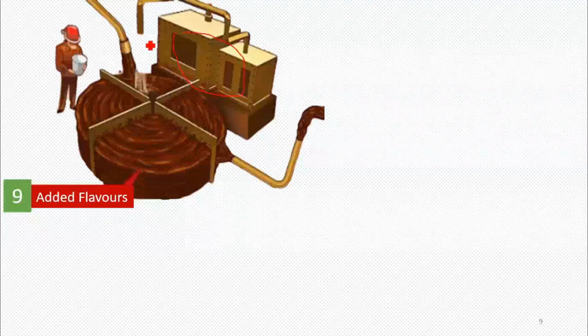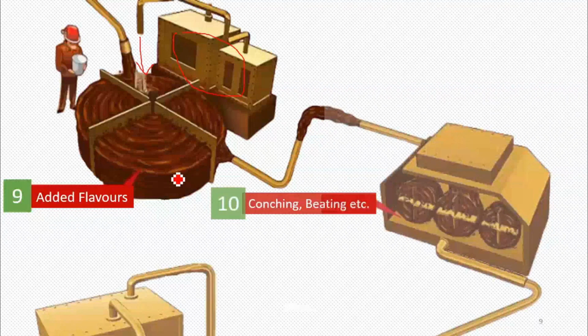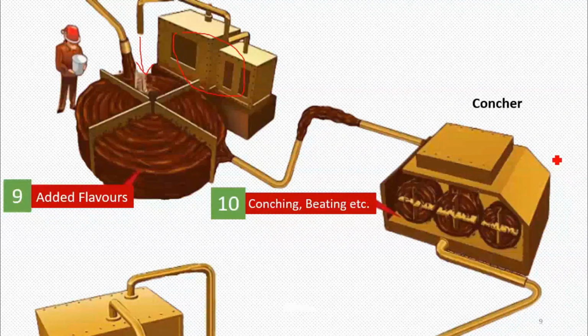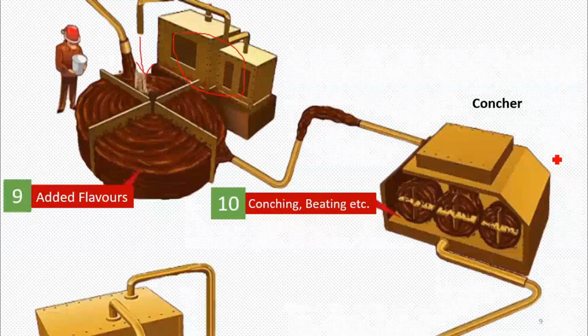These chambers are basically there to add certain flavors to the mixture, and after adding certain flavors, the material would be moved to the next thing. This is an important one. This device is known as the concher. That concher is there to generate heat. It uses heat, and it beats or rolls the material, as you can see in this section.